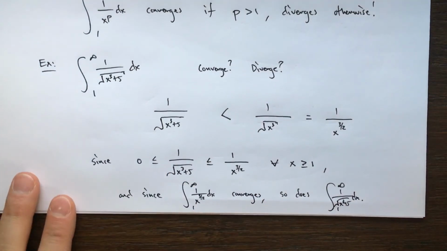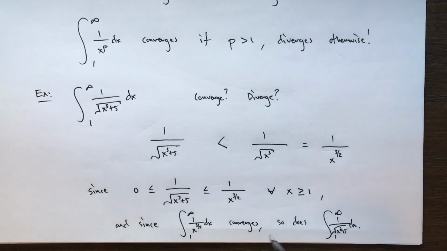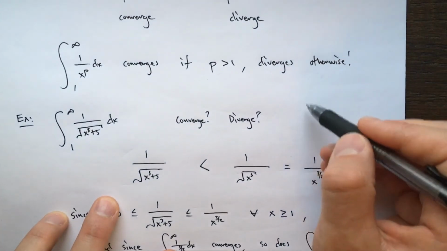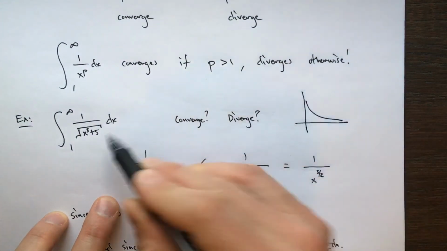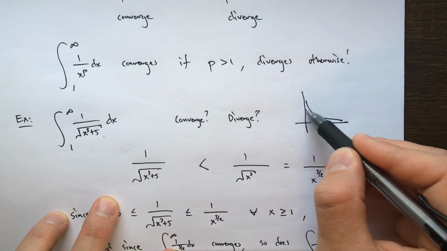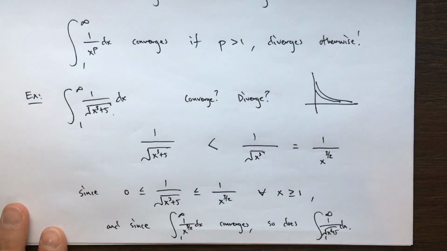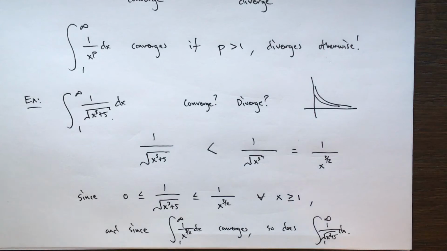I don't know what it converges to, but I know that it converges because this friend converges. This friend is less than it, so it has to converge as well.